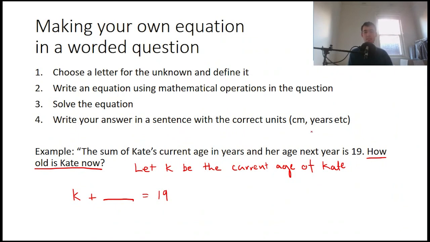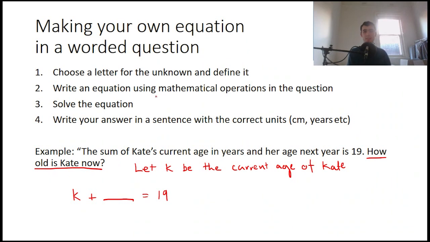So what's her age next year? Do we have to write another variable? K, or what about J? Maybe J is her age next year. But actually we don't have to do that if we realize that her age next year is just 1 year older than her age this year.